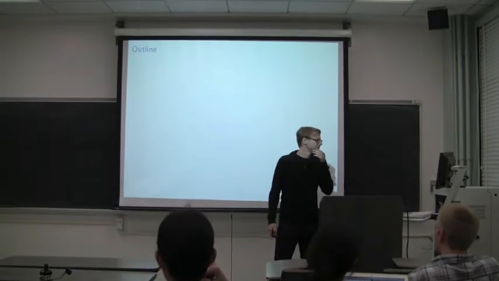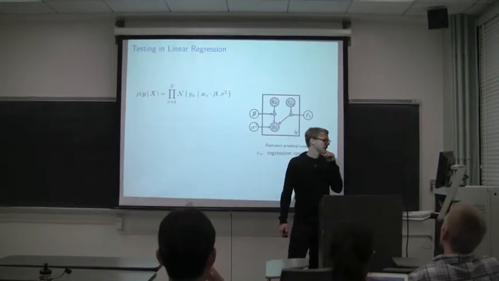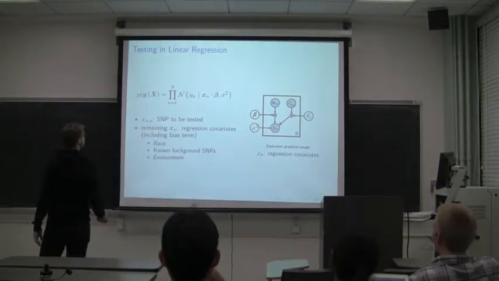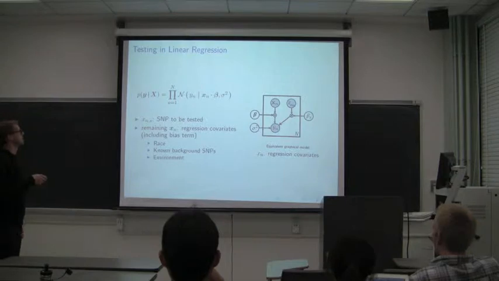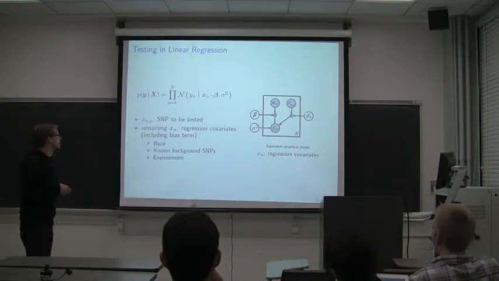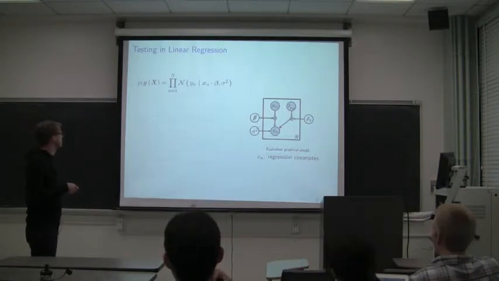So, testing in linear regression, we have this same model as always. We want to test one entry in this vector beta, which we call beta s, by conditioning on everything else in that beta parameter.